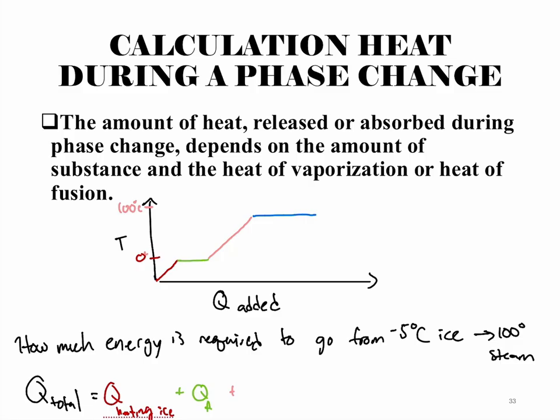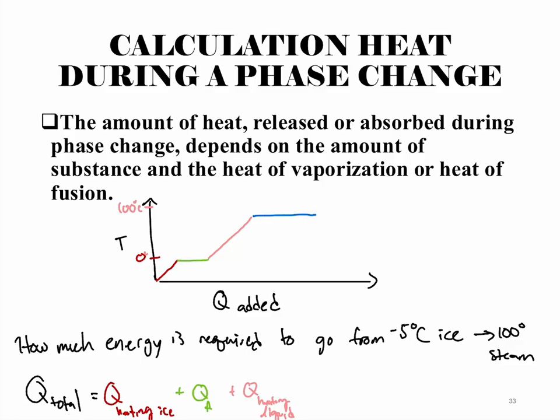Then once everything's converted to liquid water, we keep adding energy. What does that do to the liquid water? It heats up, it changes the temperature of the water now. So now we're heating the liquid.